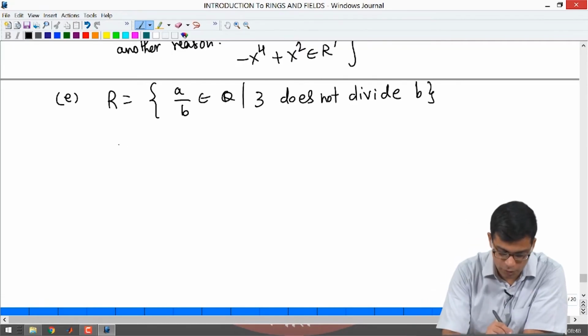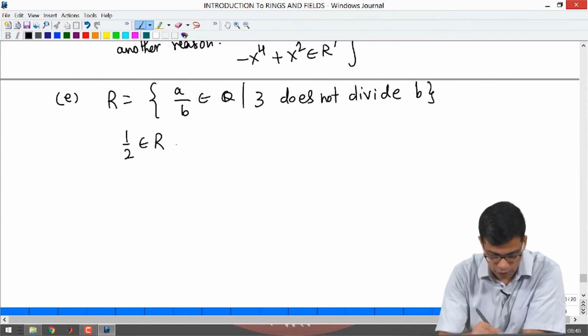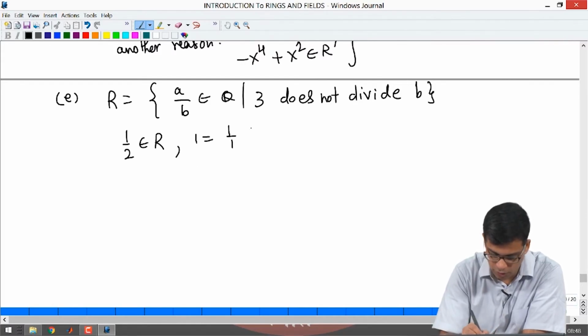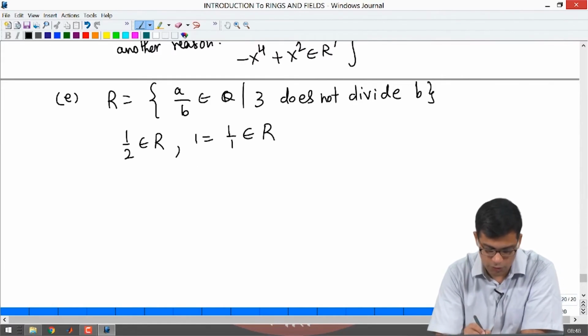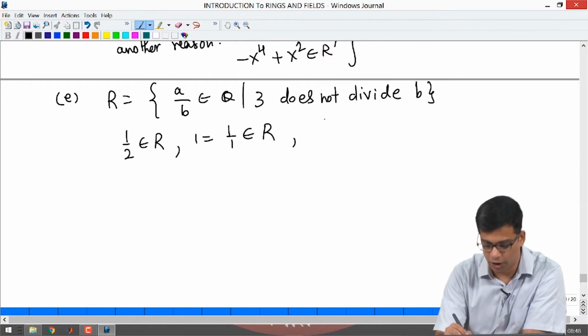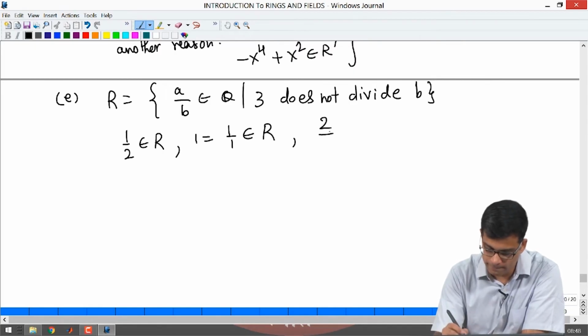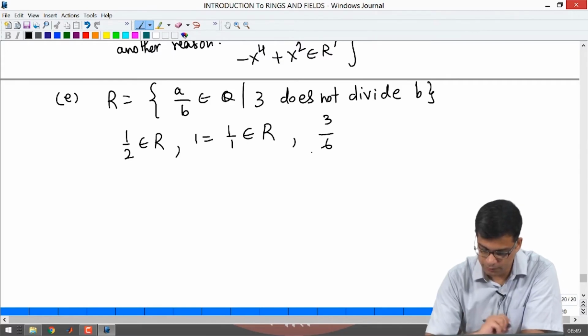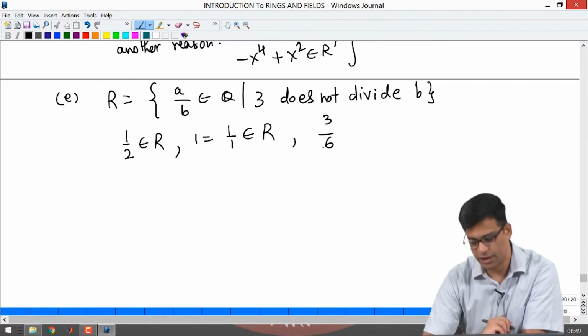So, for example, 1 by 2 is in R, right. 1 is in R because 1 equals 1 by 1, and 3 does not divide 1. On the other hand, let us take 3 by 6.